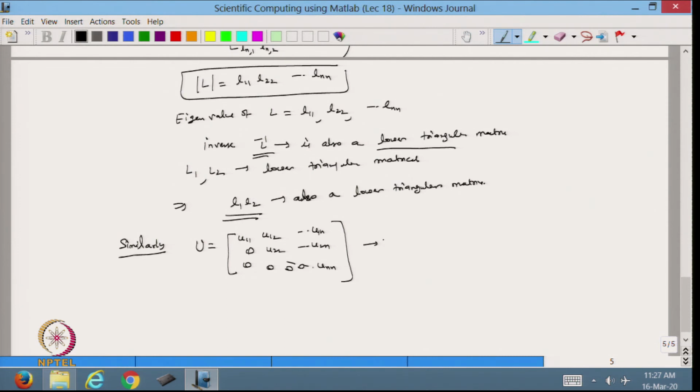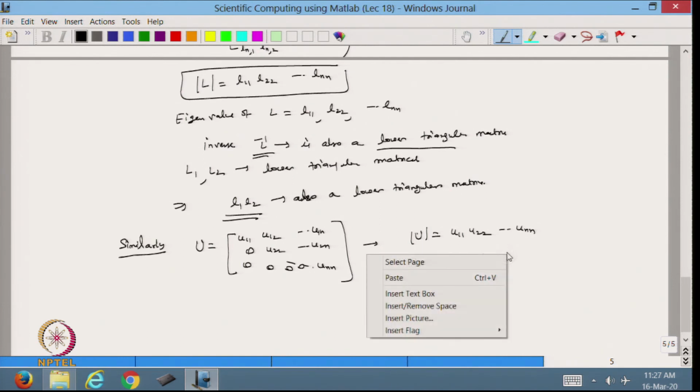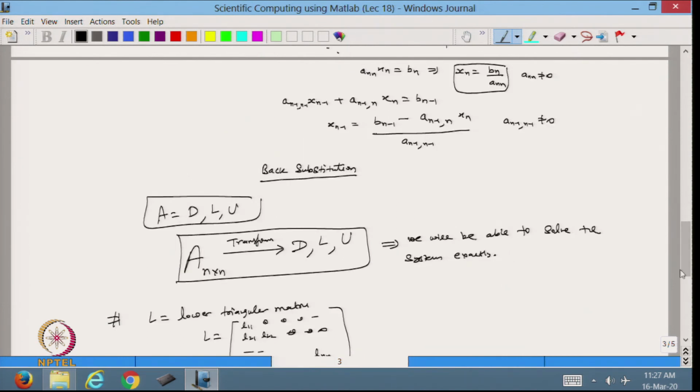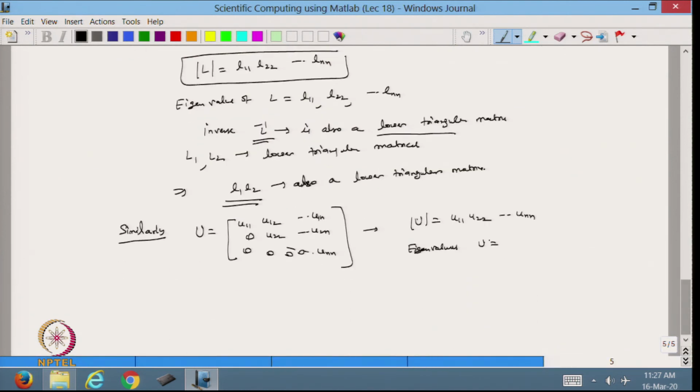In this case also, the determinant of U is equal to the product of the diagonal elements, and the eigenvalues of U are again the same: U11, U22, up to UNN. So, these will be the eigenvalues.